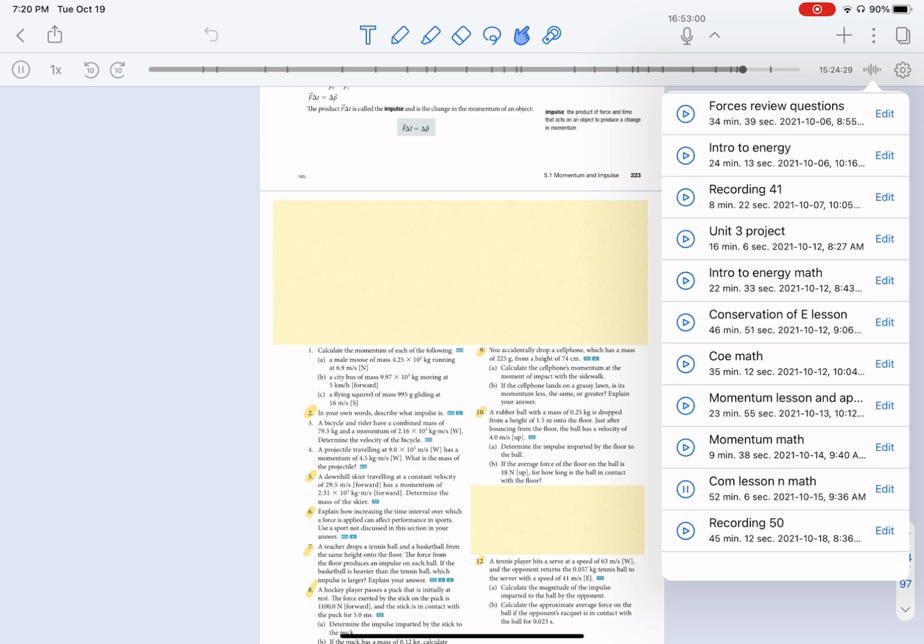Because of action-reaction, Newton's third law, the force of the gun on the bullet goes forward, and the force of the bullet pushes the gun backwards. But looking at it from a momentum point of view, the momentum of the bullet going forward will be equal to the momentum of the cannon going backwards. So that's our action-reaction pair, and the conservation of momentum there.